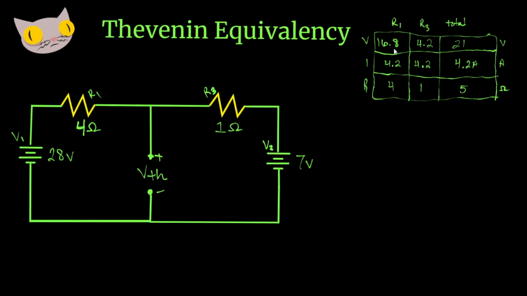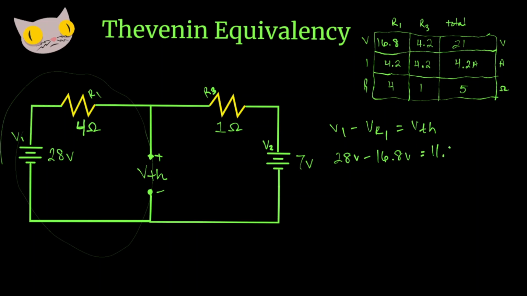So if we take this side, for example, we have V1 minus the voltage drop, which is just the 16.8 volts that we found. That's going to give us our Thevenin voltage. So 28 volts minus 16.8 volts is going to be 11.2 volts.